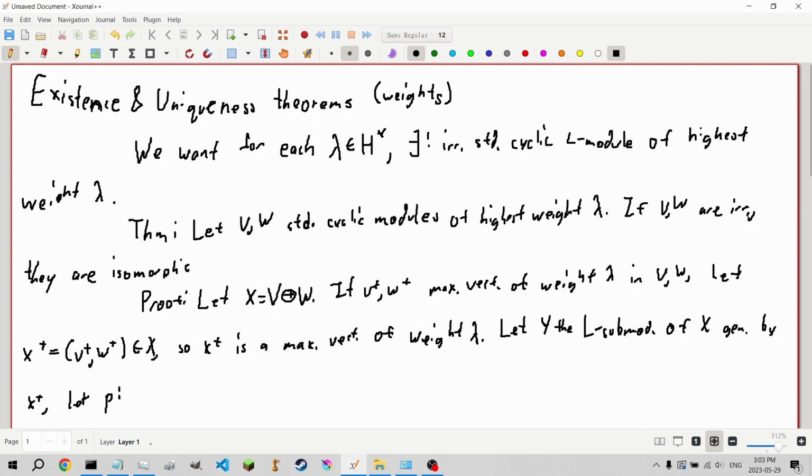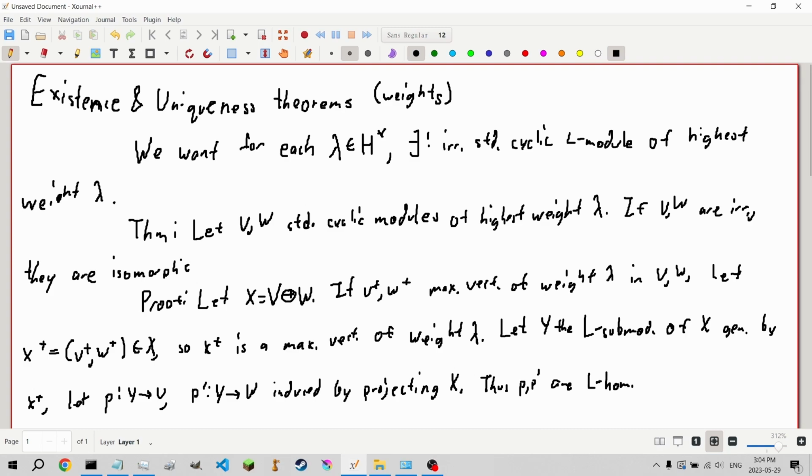And let P be a map from Y to V, and P prime be the map from Y to W, be the maps induced by projecting X onto its factors, of course. Thus, P and P prime are L module homomorphisms.